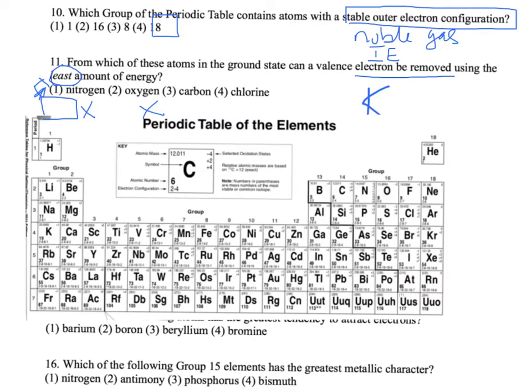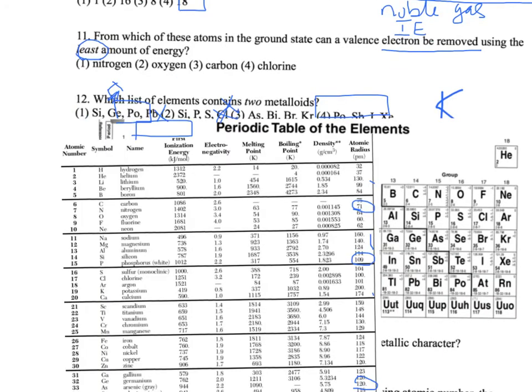So we should look at reference table S. Looking at reference table S, we're going to look up the first ionization energy, and we'll simply place a mark by the elements as we look them up. So we're looking at nitrogen, element number 7, which has an ionization energy of 1400.